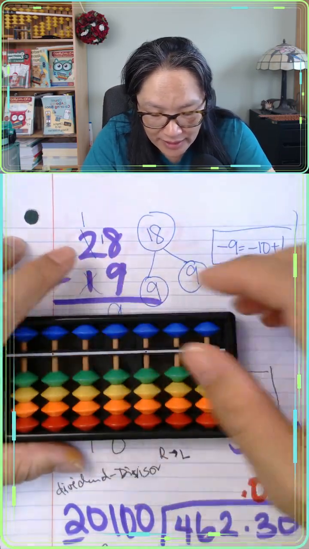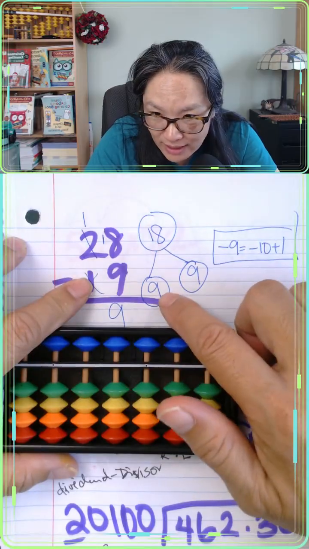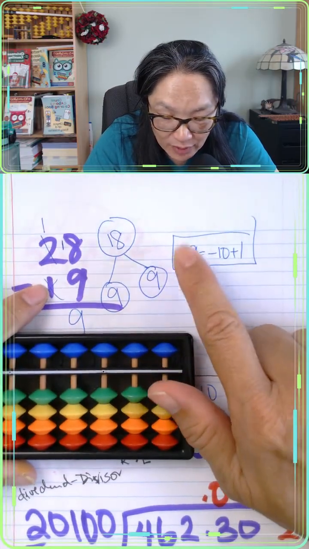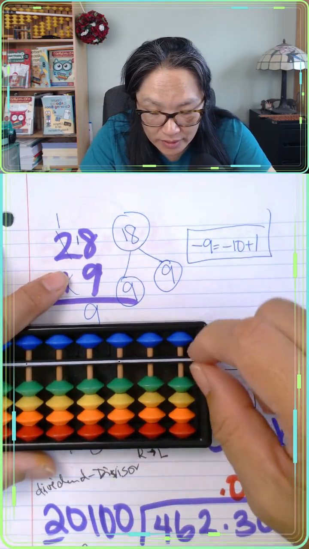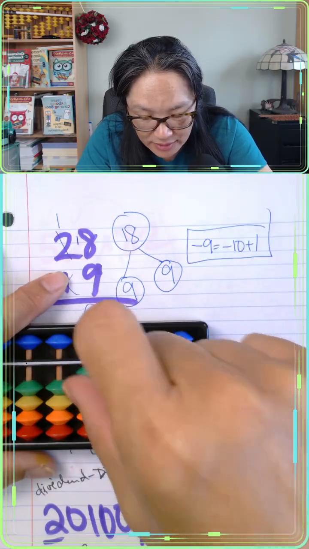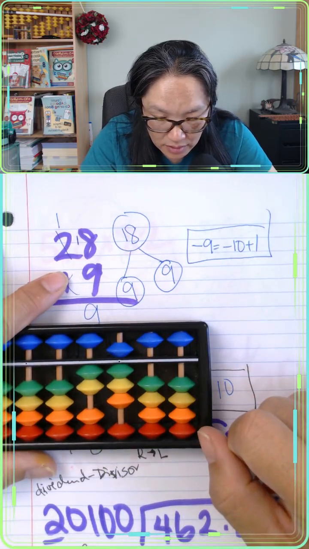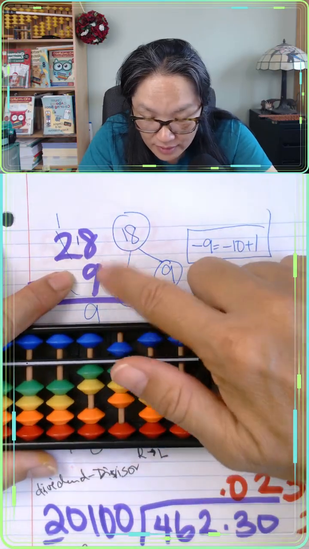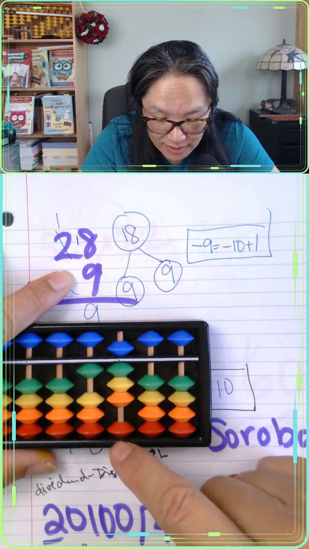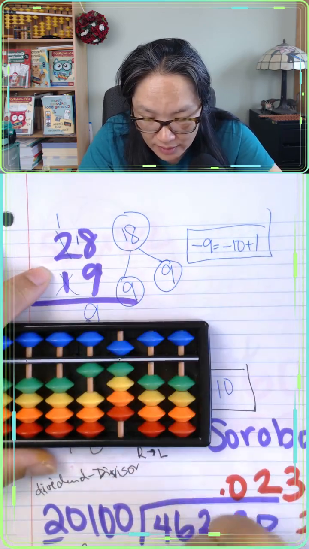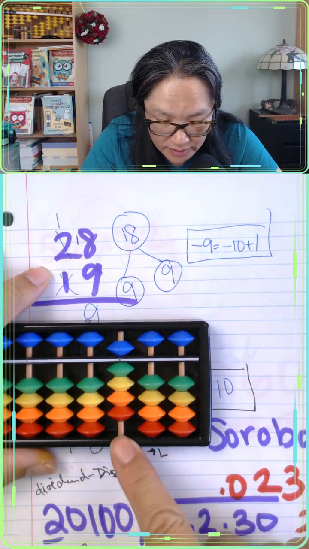So how do we do it on the abacus? Well, we don't need to memorize 9 plus 9. We just need to know that if I want to take away the 9, I have to minus the 10 plus the 1. So if I have 28, I have to take away the 9. All I have to do is borrow first, minus the 10 plus the 1, and then I can take away the 1. So my final answer is 19.